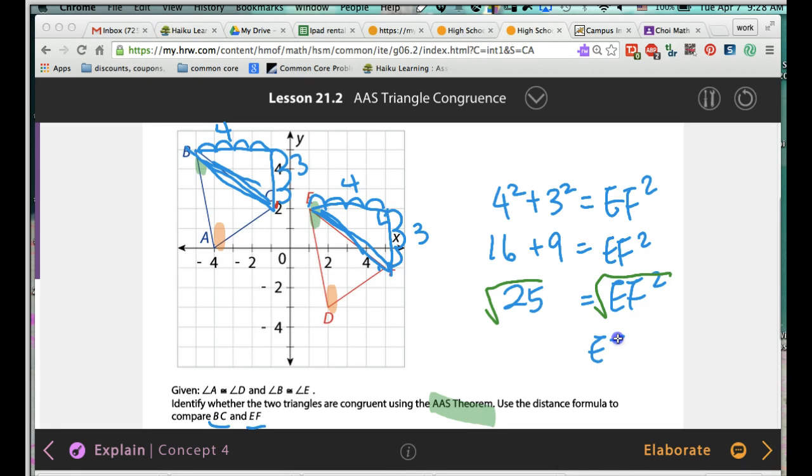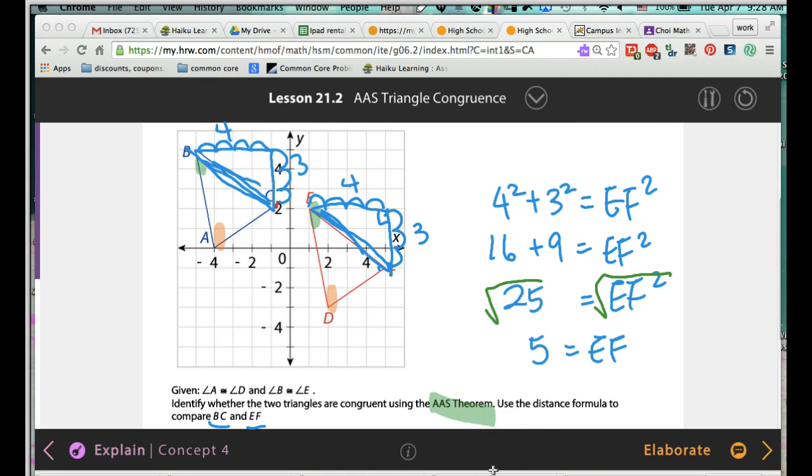So EF is now equal to 5, because we cannot use -5 for the length. Now I also want to find out how long BC is, but I know it's going to be exactly the same, because I have 4 across and 3 down, 4 across and 3 down, the exact same thing. So I know that BC and EF are congruent to each other.